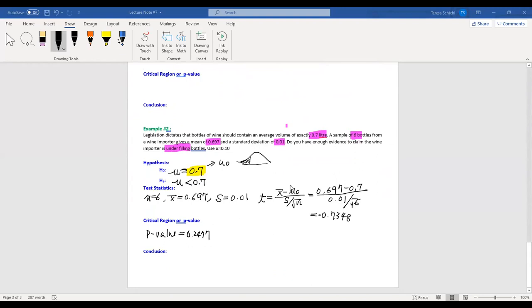Now the next thing, from the same examples, is how do we find the critical region, or the critical value?